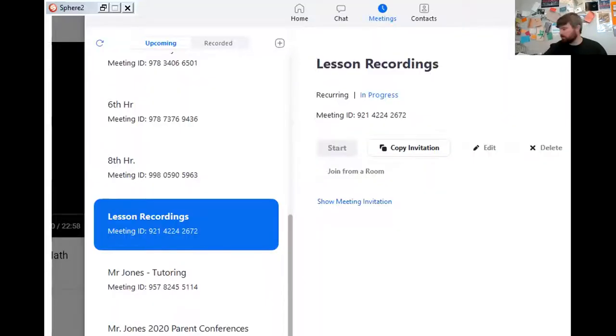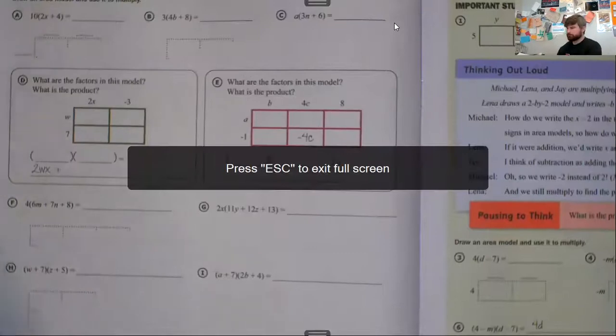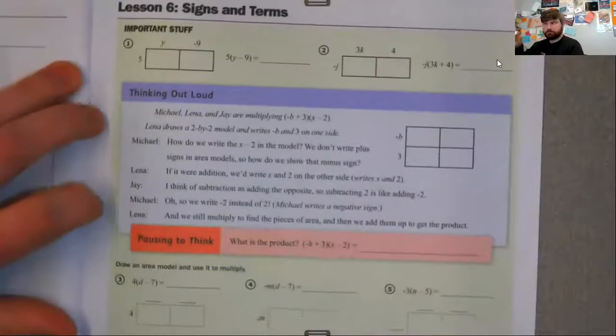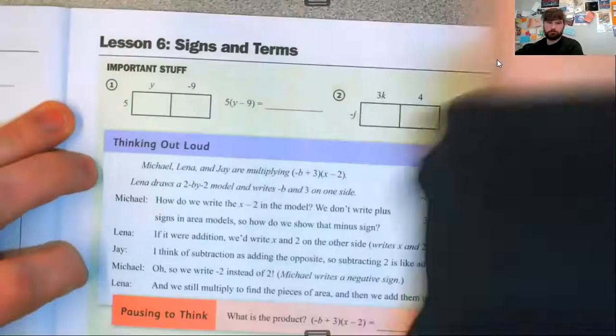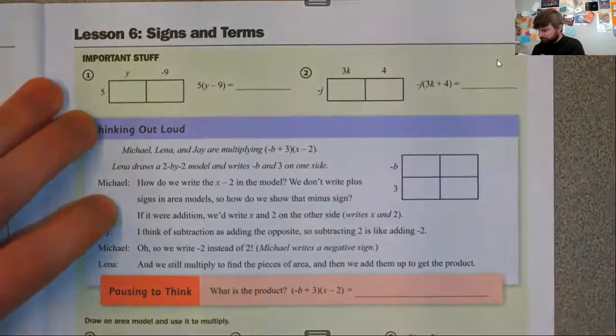So I'll share my document camera with you, and we're on page 25. All right, so important stuff here.